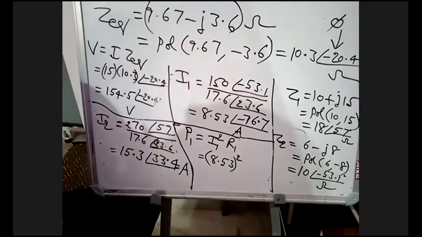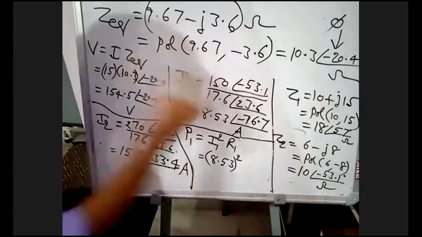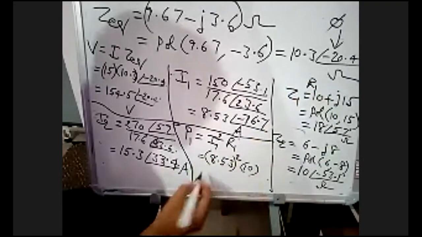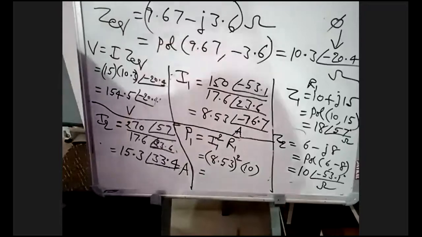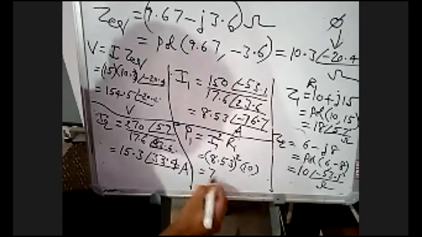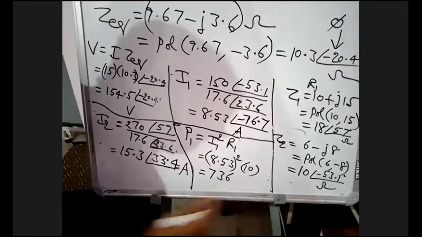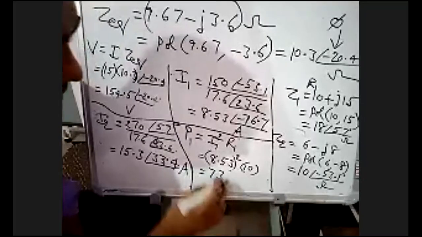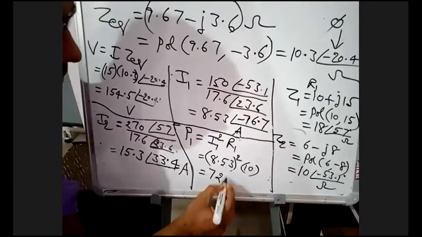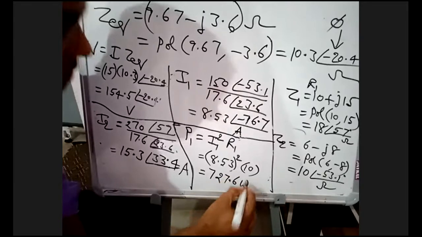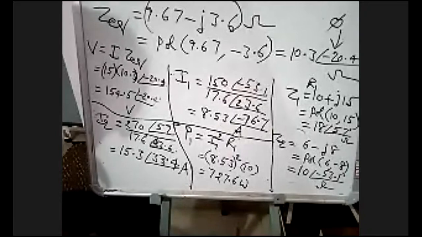What is R1 in Z1? 10. How much is it? 727.6 watts. Okay, this is your power P1.